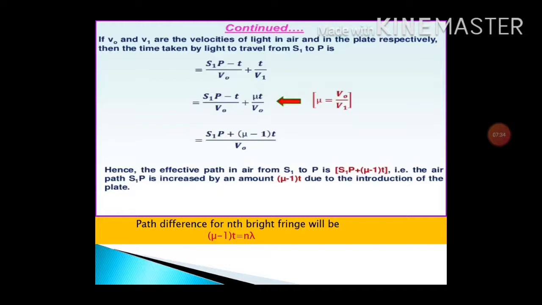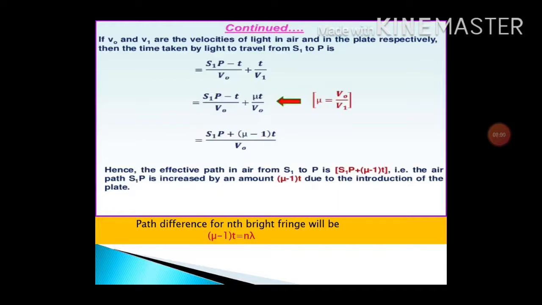You know that refractive index is equal to the velocity of light in air divided by the velocity of light in medium. By using this formula, I have put the value of V1, and by rearranging the complete equation, I can write the time taken by the wave to travel from S1 to P is equal to S1P plus mu minus 1 times T, divided by V0.